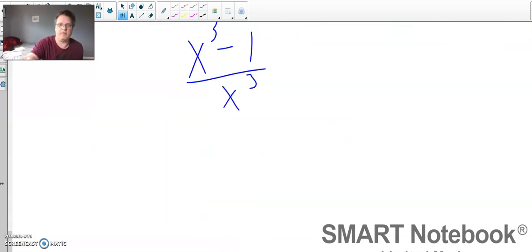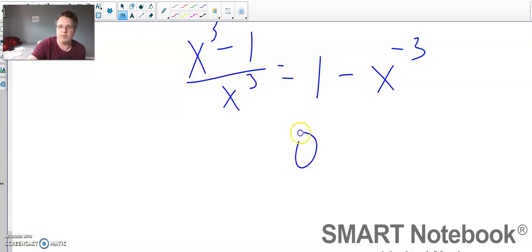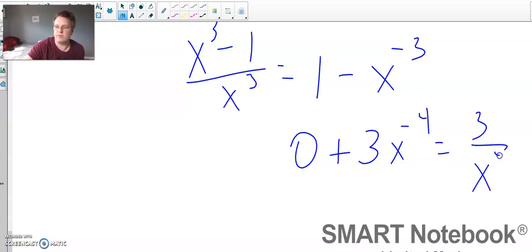Now to find the derivative of that, I'm just going to do 1 minus x to the negative 3. Hopefully I didn't lose you there. The derivative of 1 is 0, and this is going to be plus 3x to the negative 4, which is 3 over x to the 4th. That's your derivative. There it is. If you wanted to use the quotient rule, you could, but that way's a lot easier.